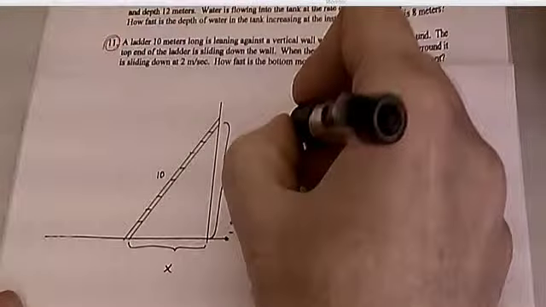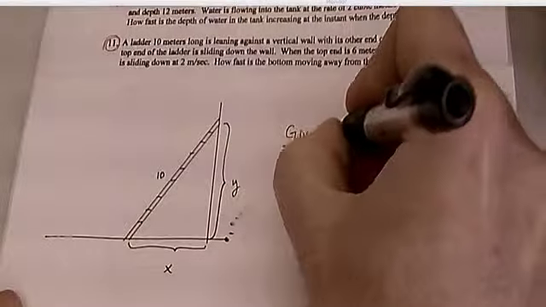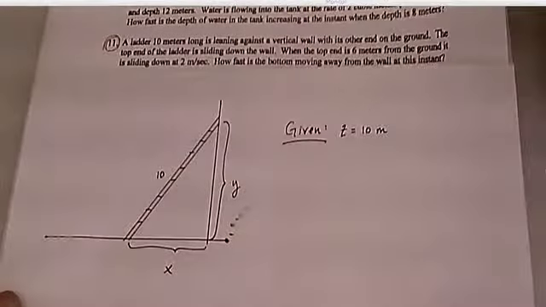Now, you're going to be given several pieces of information. There is what I usually call given information, and that means things that are not going to change. That, of course, is your 10 meters, and we've already taken care of that by putting it in the drawing.